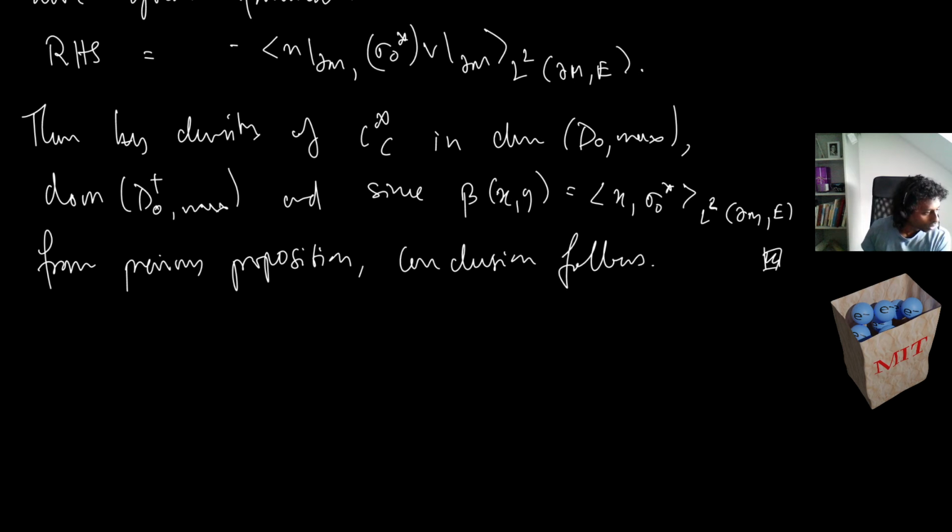So putting all of this together, we can now really describe what the adjoint boundary condition is. Before I wrote down in a hand wavy way what it is, but what is really the adjoint boundary condition?